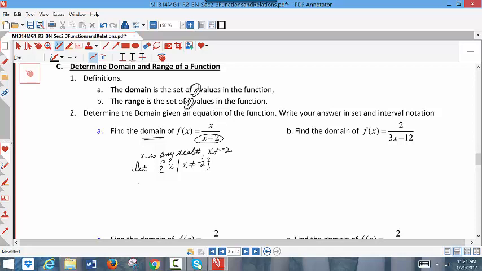If I wanted to write my answer in interval notation, it would be a little easier to explain this if I first present it as a graph. So I'm going to show you from a graph all values excluding negative 2. All values not negative 2. This would be a graph of all values excluding negative 2.